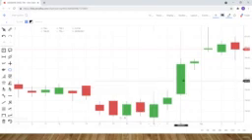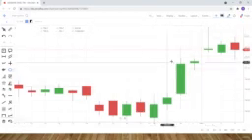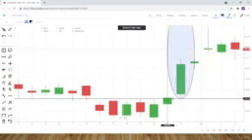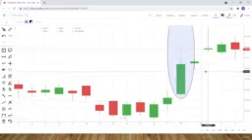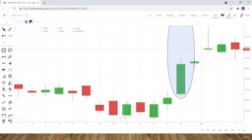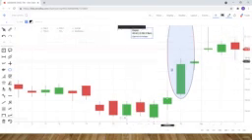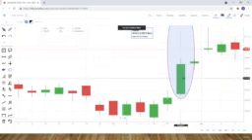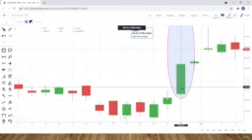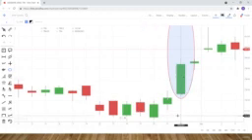Now look at this particular candle. I will highlight it. Okay, look at this candle which is in the oval shape. Now here it's a green candle. So for sure, when I say it's a green candle, its close price is going to be higher than its open price.